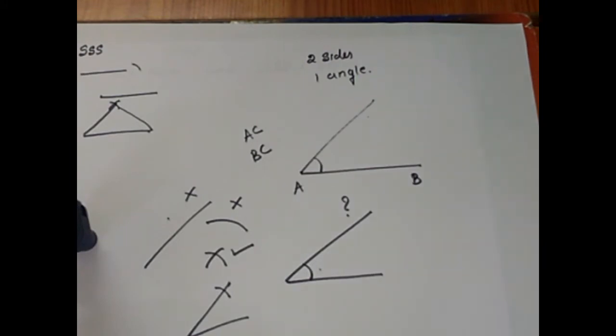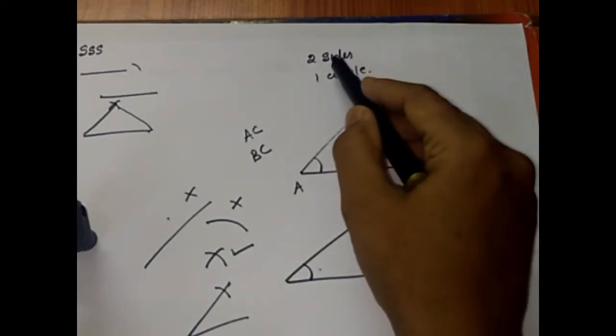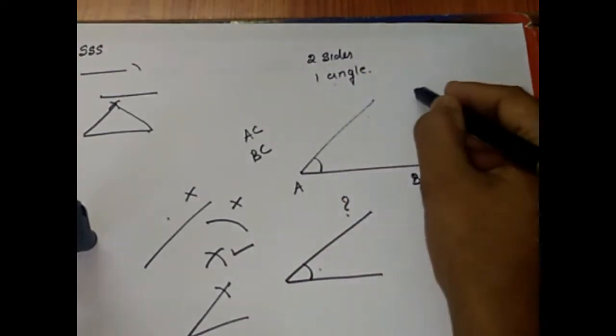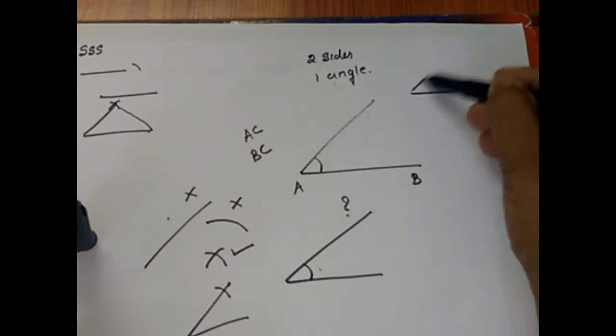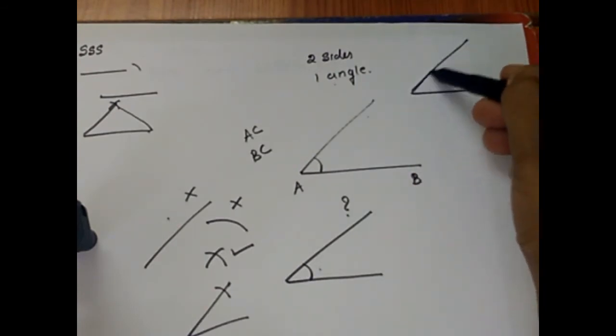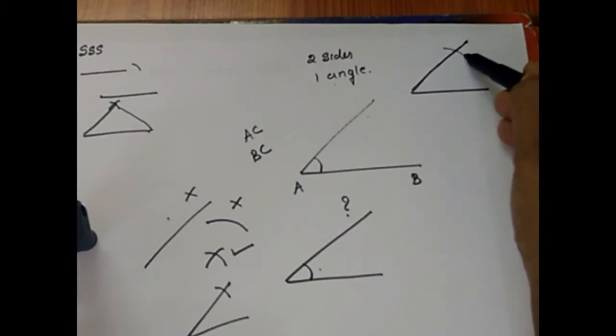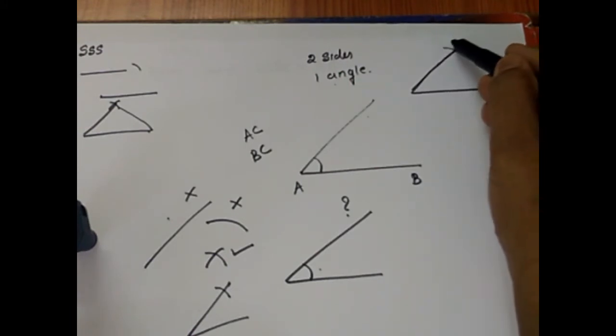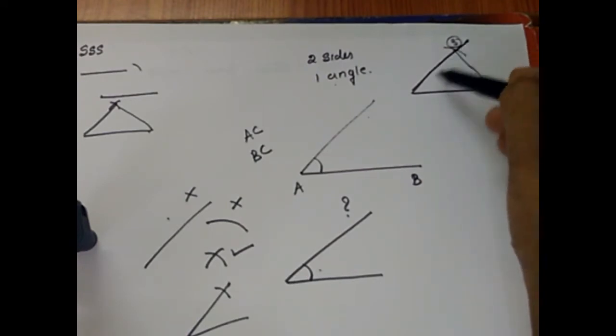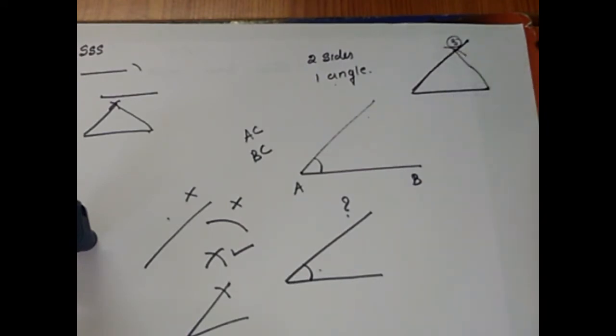So the second method of construction is two sides and an angle. From the base side we are going to construct an angle, and for the angle line an arc should be drawn so that you will get the third vertex. Then you can join, and the triangle will be ready with the three sides.